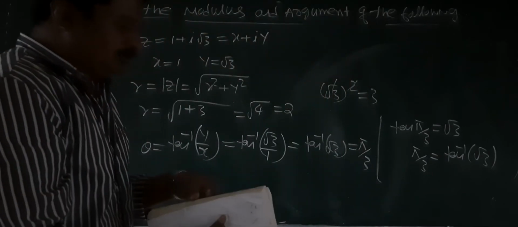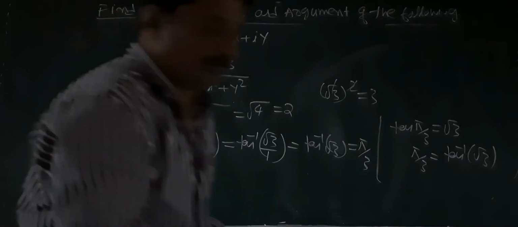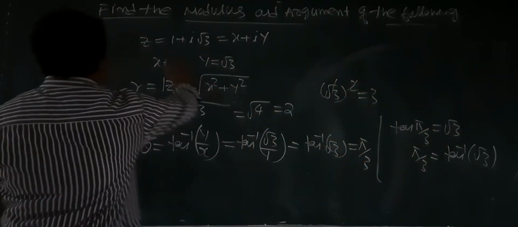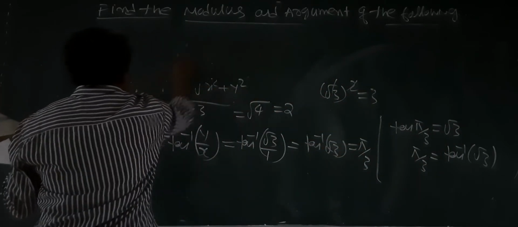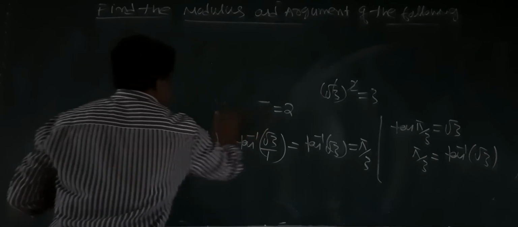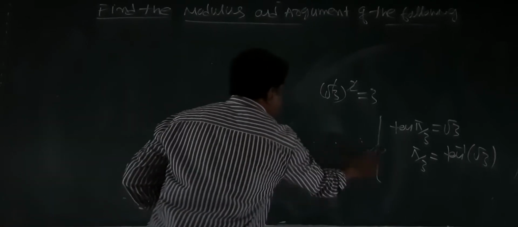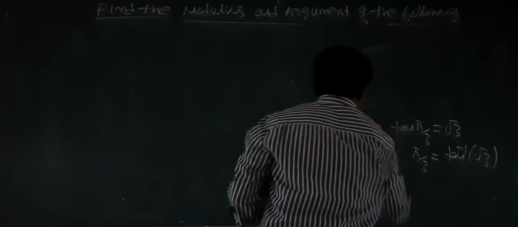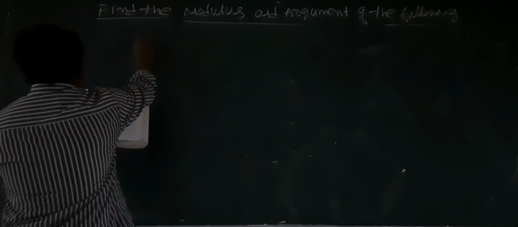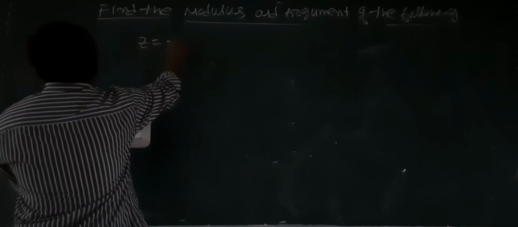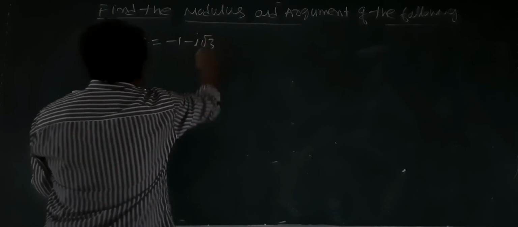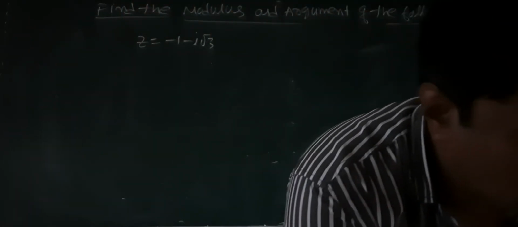Let us do one more question now. Next question is, z equals minus 1 minus i root 3.